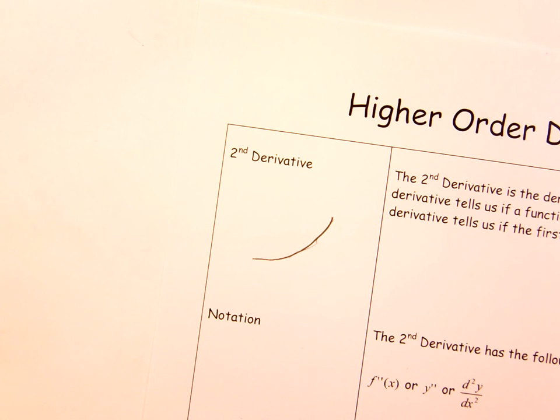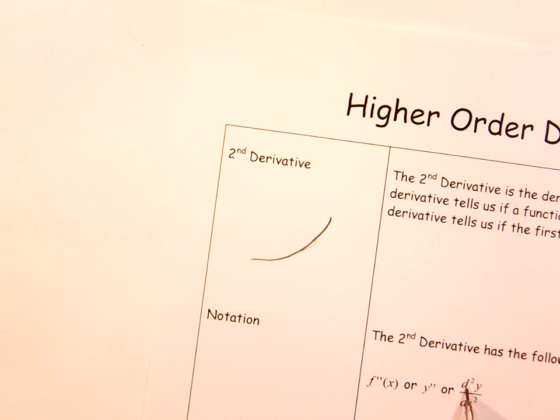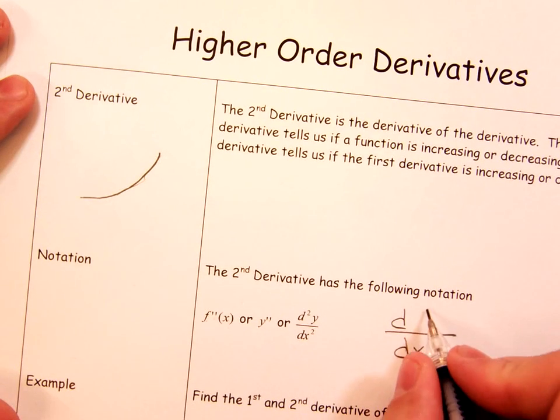The second derivative is either going to be f double prime of x, or y double prime, or you will see it as d squared y over dx squared. You remember when we were talking about what this means?